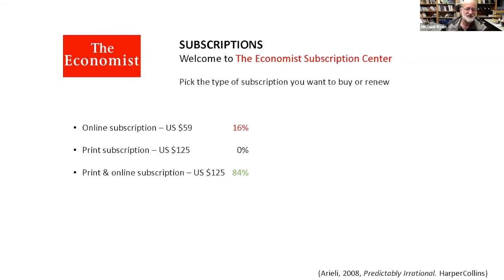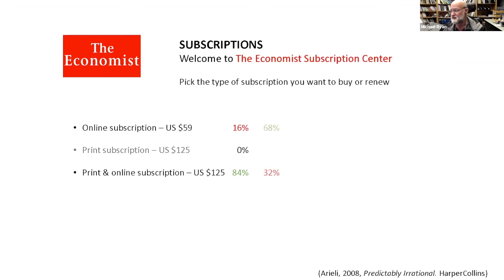And, you know, MIT, these are smart kids. None of them are going to fork over $125 to get only the print subscription when they can get both for $125, right? So nobody wants the print subscription alone. So then you run the same experiment again, and you say, which subscription would you prefer? But you take away the print subscription, since nobody wants it anyway.